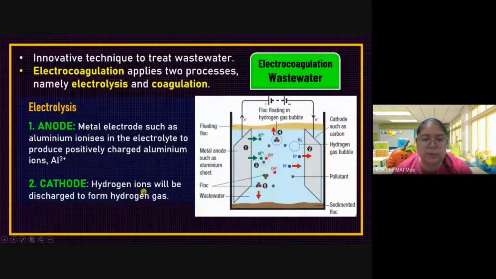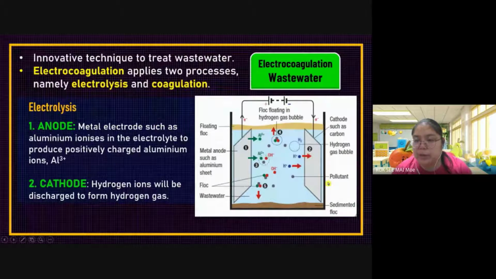At the cathode, the hydrogen ions discharge to form hydrogen gas. So remember, one part is the aluminium, which produces aluminium ions. Another part, hydrogen gas they will produce because the hydrogen ions discharge.